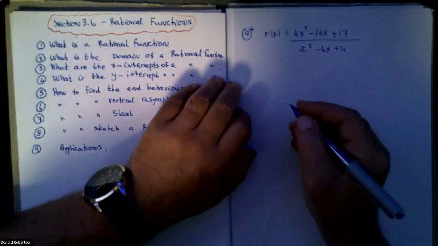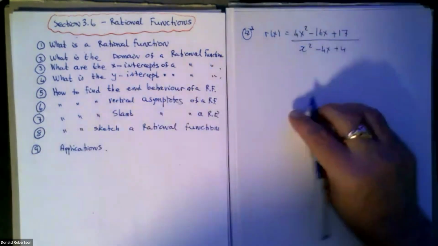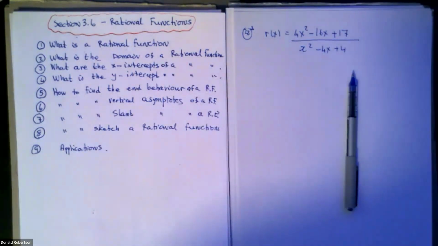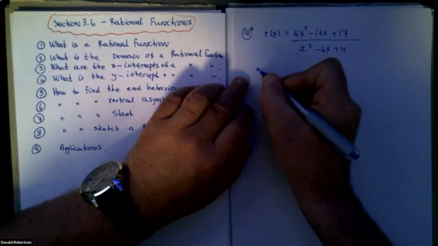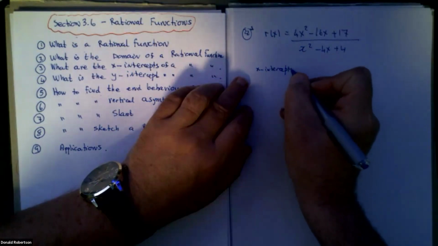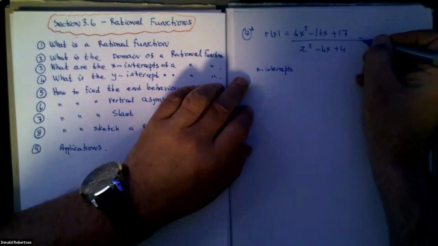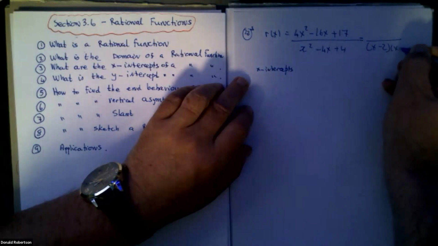Okay, so we're looking at, in no particular order, let's get the x-intercept. So I know that the bottom is x minus 2, x minus 2.